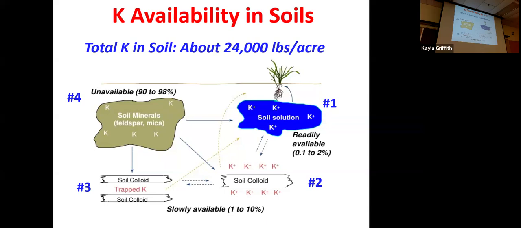So phosphorus is very immobile in a lot of scenarios, but potassium gets literally trapped. So it's like a physical entrapment in the mineral structure. It's part chemical, but also mostly a physical interaction. There are holes in the mineral structure, in 2-to-1 clays, common clays, that can literally hug phosphorus, or sorry, potassium. So a certain fraction gets naturally trapped in the mineral surface, and that's not necessarily available to plants.